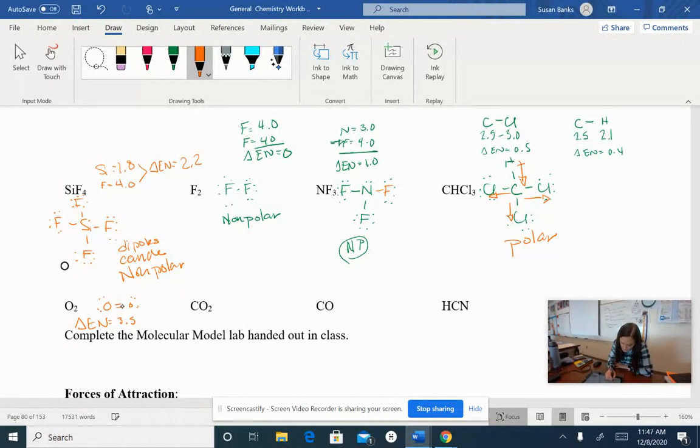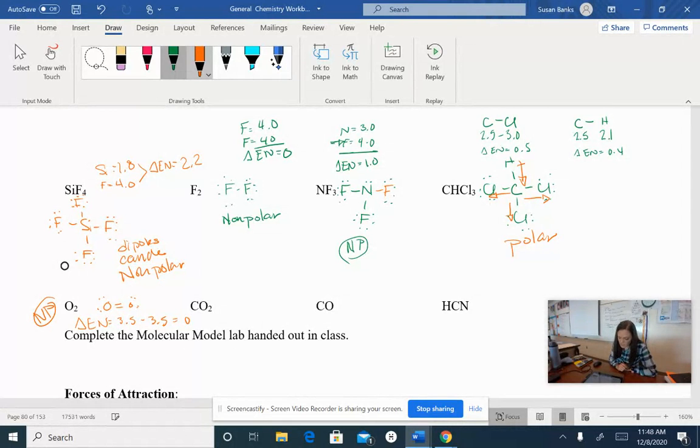So the difference is going to be 0. So am I going to have any polarity between two equally strong things? No. Because they're both equally strong and they're both pulling on the electrons with the same strength, this is going to be nonpolar for the oxygen.